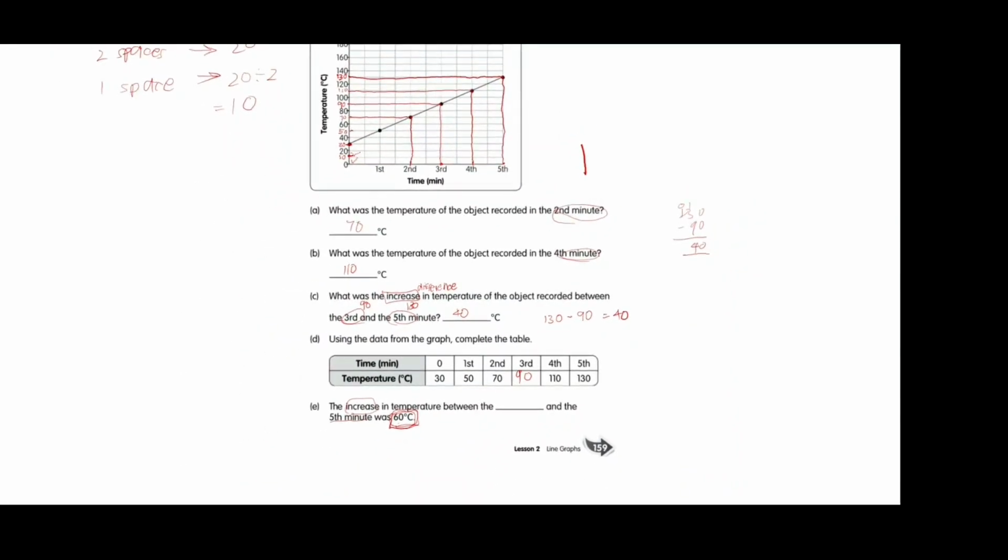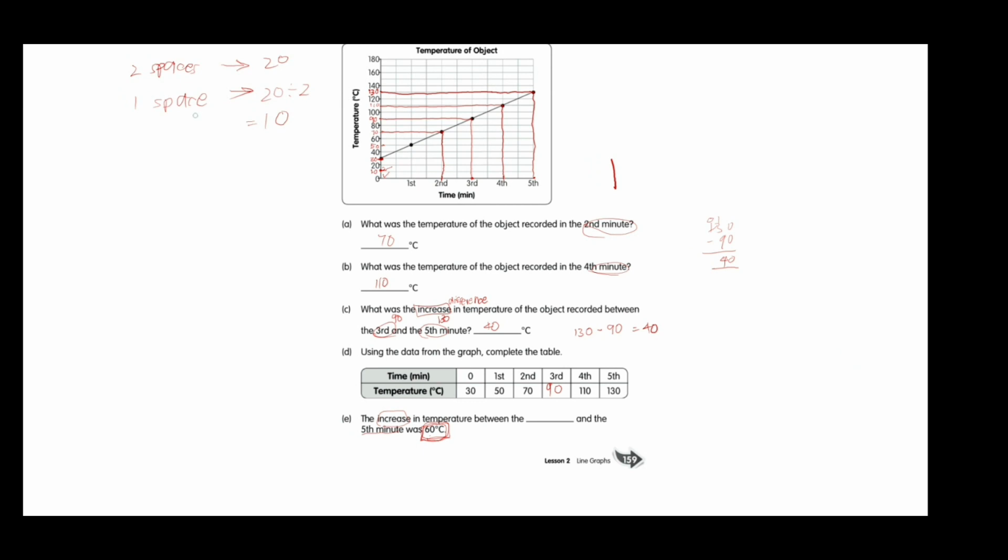We know that one space is 10. If one space represents a value of 10, then how many spaces represent a value of 60? So we want to find how many spaces represent the value of 60.